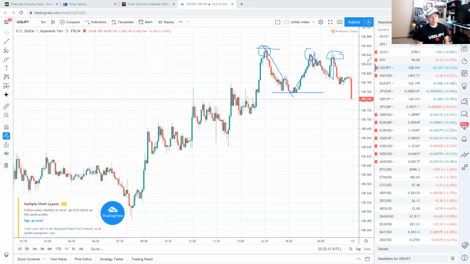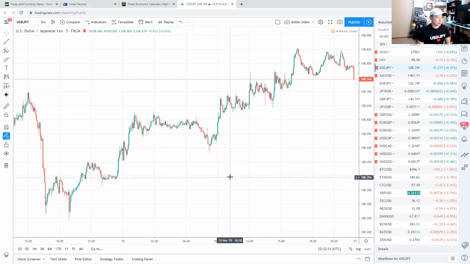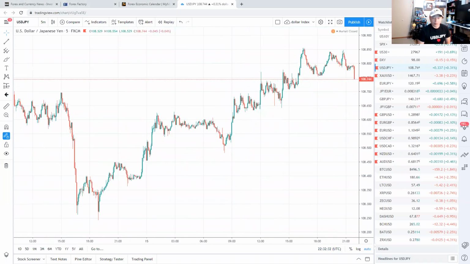Then I'm looking for a major downfall on a resistance, like what it's doing right here, or on support, even when it has a massive fall and then comes back.